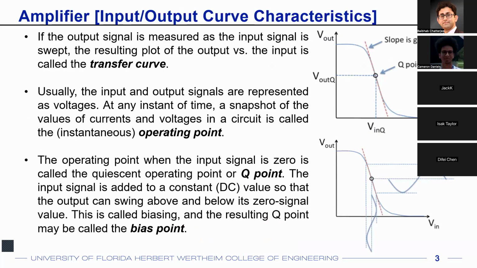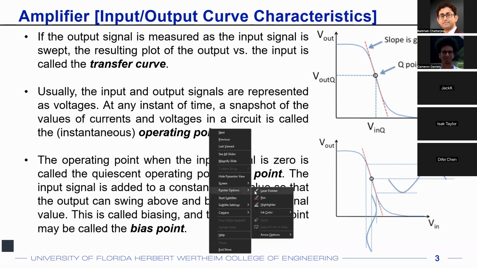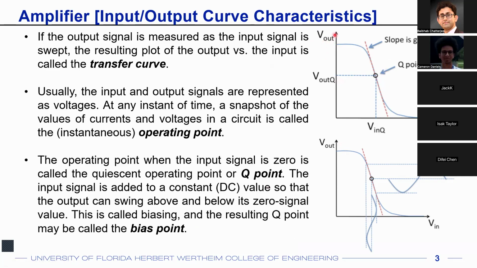Amplifiers' input and output characteristics. This is an important thing to learn and remember. What this curve is generally called is a voltage transfer curve or a transfer curve. Why is it called a transfer curve? Because you want to find out the transfer function from the input to the output. If your input voltage is V in and your output voltage is V out, you want to find out how your output voltage V out changes as your input voltage is changing.